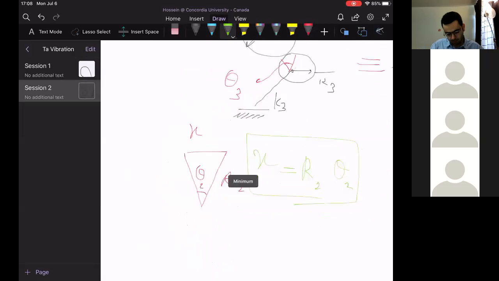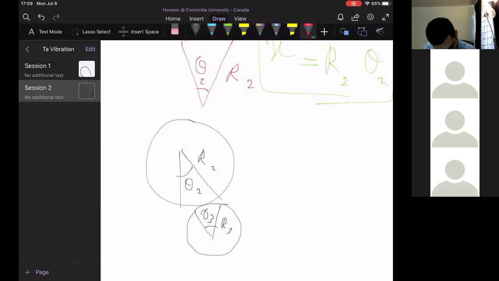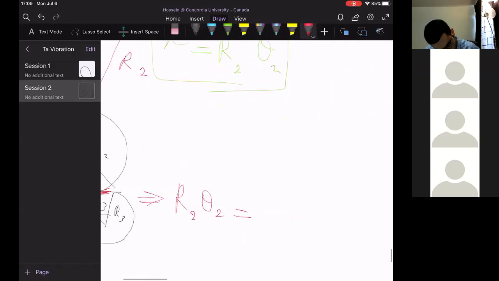This is one relation, and another relation we could write here: theta 2, theta 3, r2, r3. This length is the same when these two disks are rotating. Therefore, we could write r2 multiplied by theta 2 is equal to r3 multiplied by theta 3.